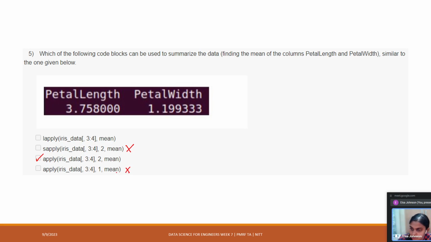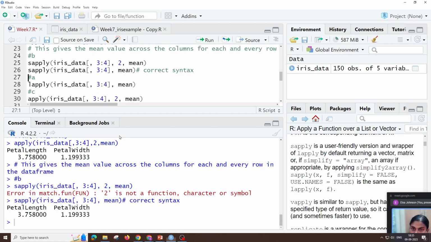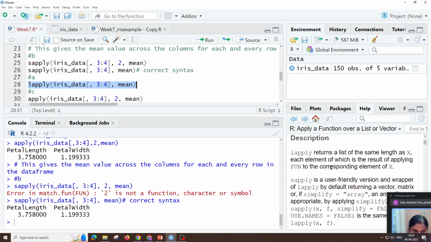We have already seen this one has to be changed to 2. Now we'll look at option A: lapply iris_data 3 to 4 mean. lapply is another method you can use.